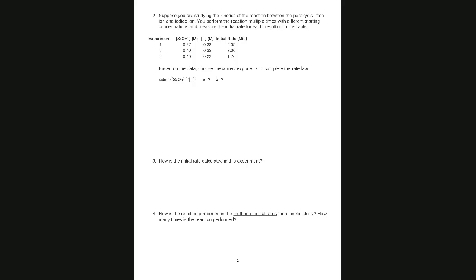So the way we are going to calculate the initial rate in all our experiments is a half times the initial concentration of the thiosulfate, divided by the delta T that they will give us, because you're not in the lab doing it.